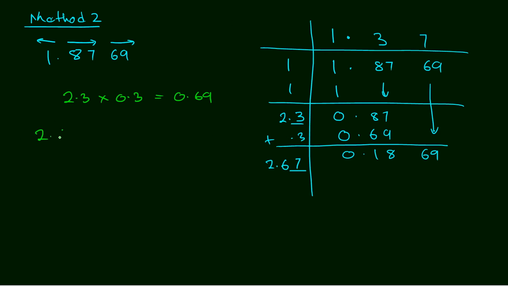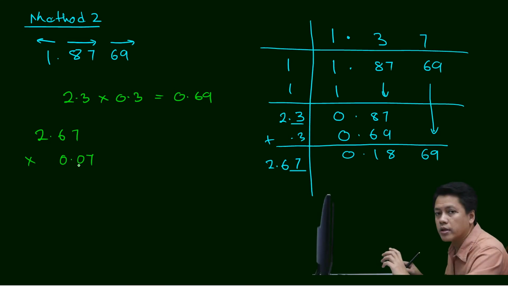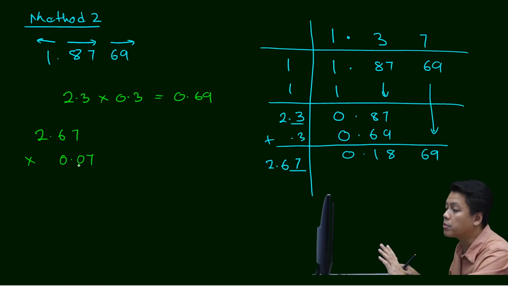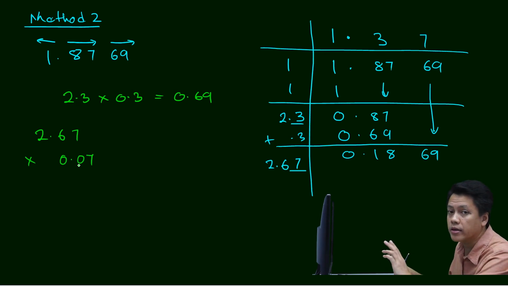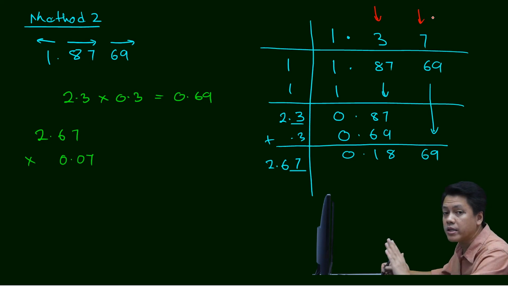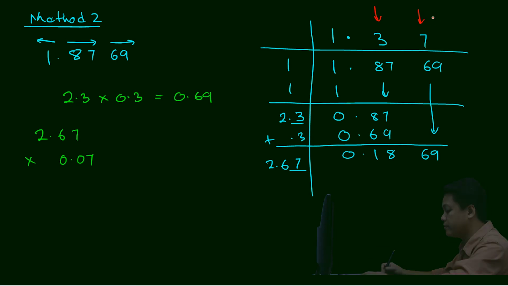So 2.67 times 0.07. It's not that we are going to multiply that by 7, but we are going to multiply them by 0.07. Do not forget the decimal place. Take a look at this here. There are 2 decimal places there. So let's maintain that. That means we need to multiply the 2.67 by 0.07.